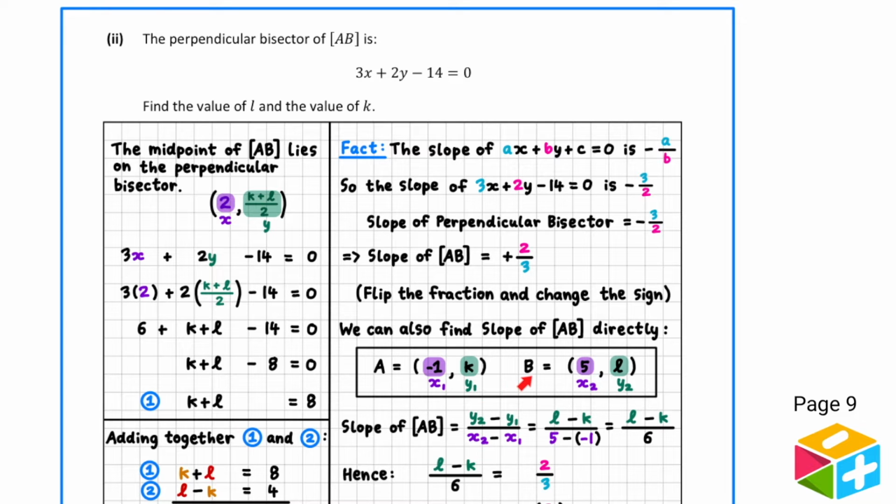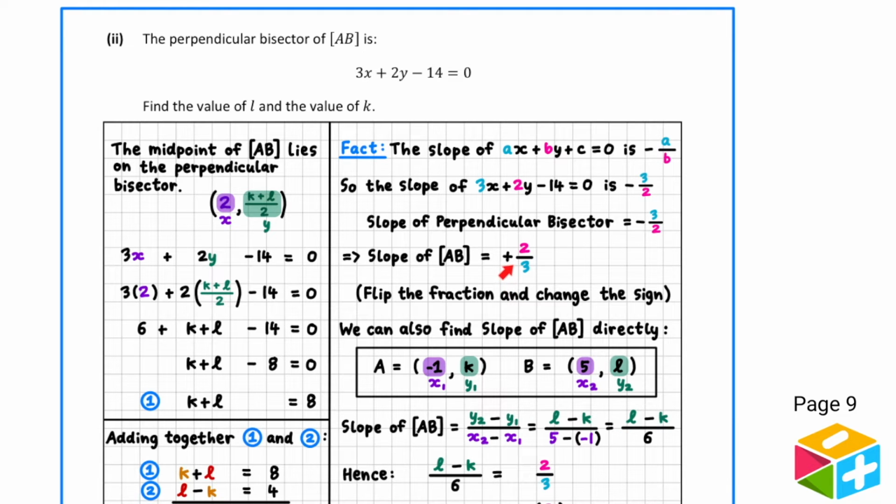B is 5 comma L, and we label these with x2, y2. Subbing these values in gives us L minus k over 5 minus minus 1. Since two minuses simplify to a plus, the denominator ends up as 5 plus 1, which is 6. This means that the slope of AB is equal to L minus k over 6.